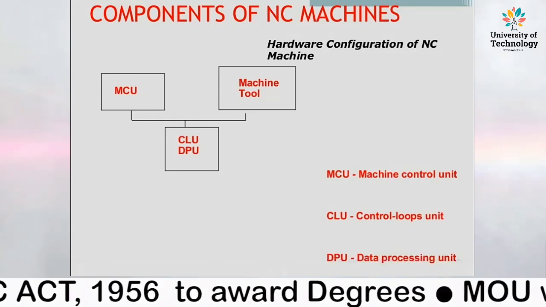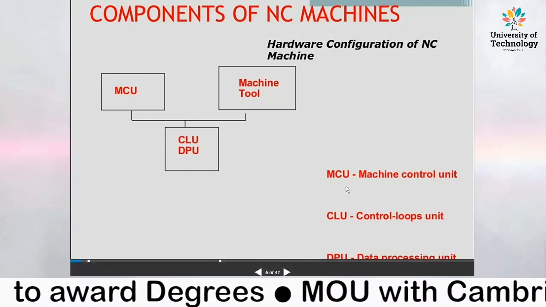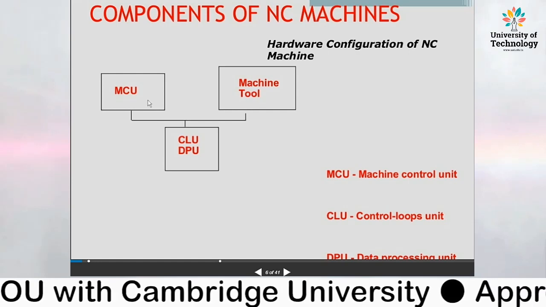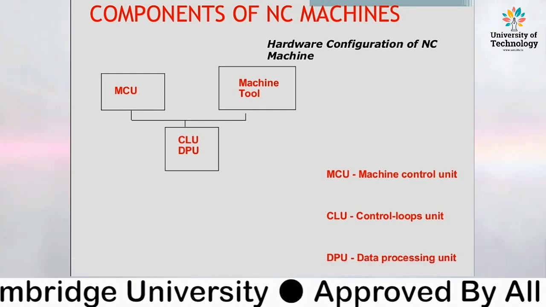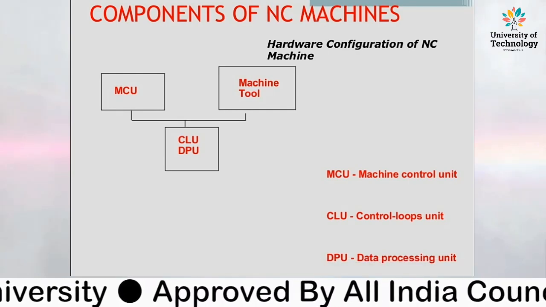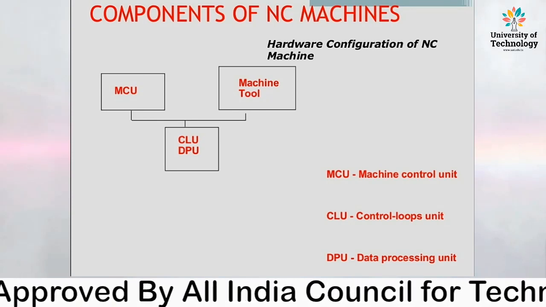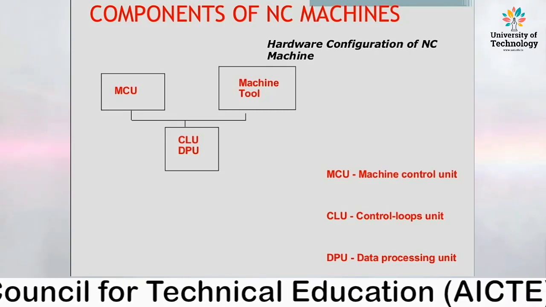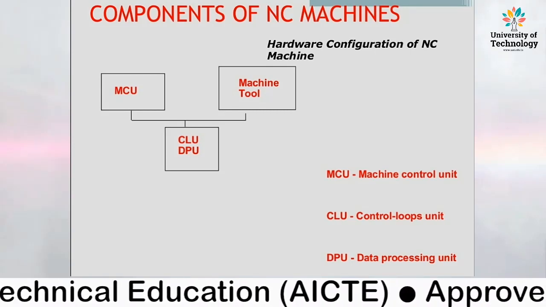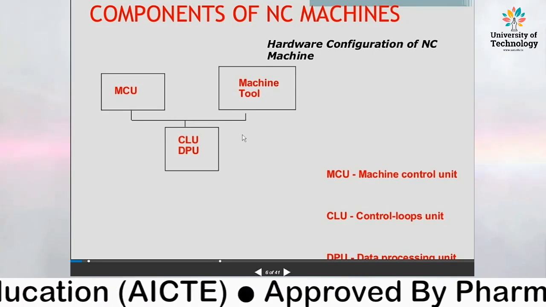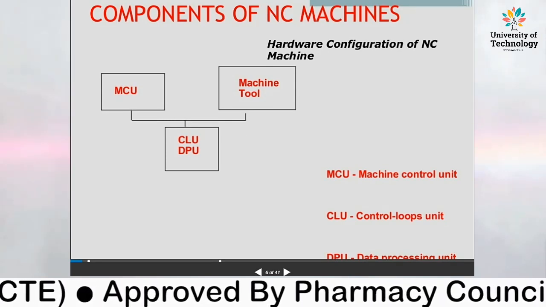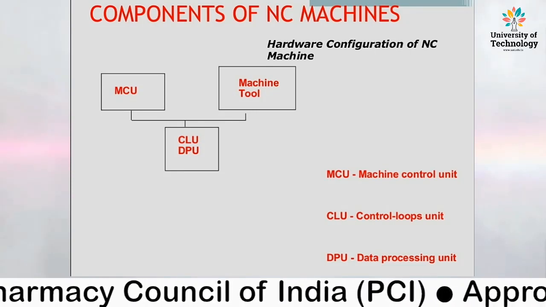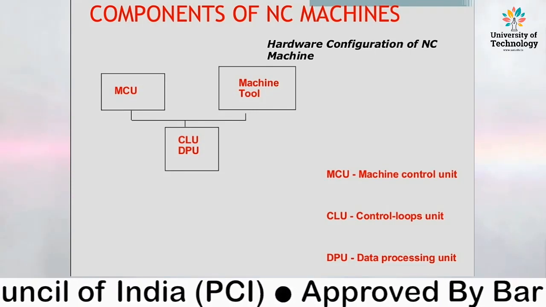Firstly, instructions are fed to the machine control unit. We can see in this slide, as per this block diagram, the machine control unit processes or reads all the instructions fed from the input panel, and then finally, for execution of the particular operation, the instructions are fed to the machine tool.